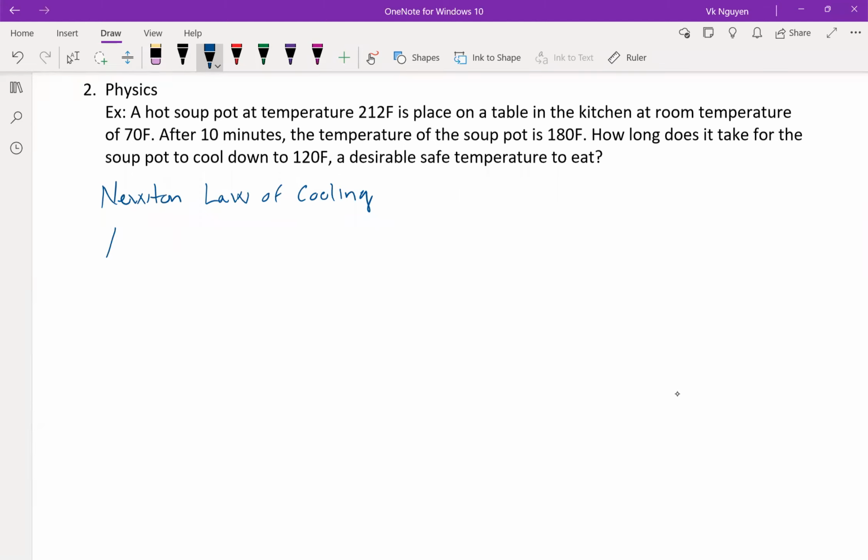We have T of t equals Ts plus D sub 0 e to the negative kt. T of t is the temperature after t, here it's going to be minutes. Ts is the surrounding temperature.